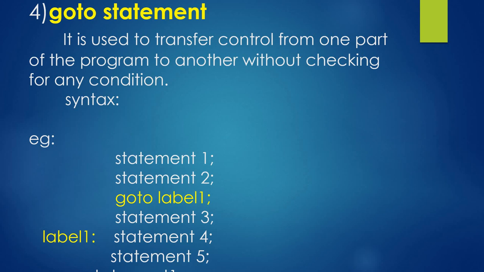Then the continue statement: the statement after the continue will be skipped and then it will continue the iteration. Then the exit function is used to exit from the entire program. The goto statement is used to transfer control from one part of the program to another without checking any condition.